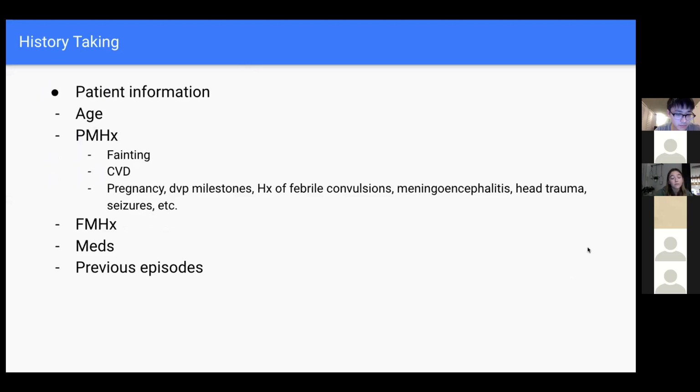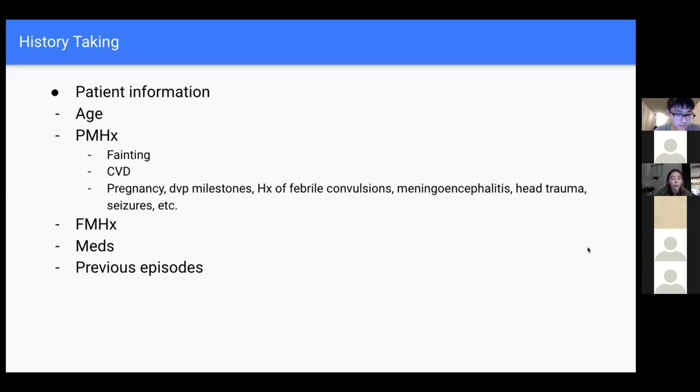So, have they fainted in the past? Are they known for cardiovascular disease? You can also inquire about their kind of development, like how the pregnancy went, if they reached their developmental milestones, if they are known for having had febrile convulsions from CNS infections, head trauma, seizures, things like that.